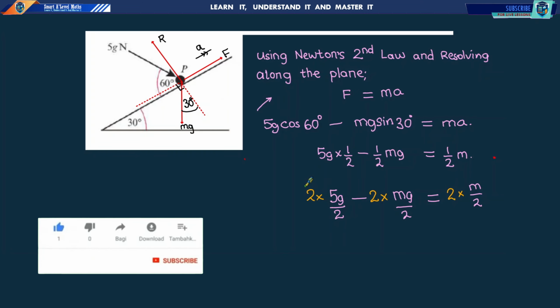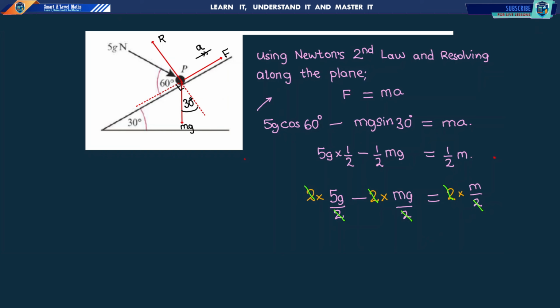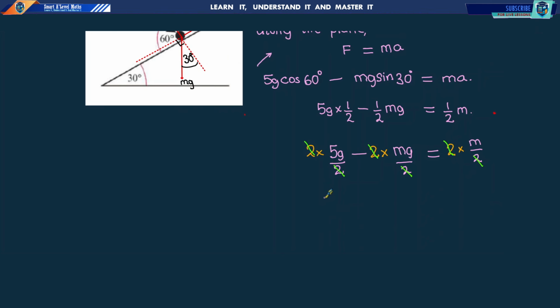Now we can see that these 2s will cancel everywhere in these 3 terms, and we simply rewrite the remaining terms, that is 5g minus mg equals m. Now let's collect these m's together.